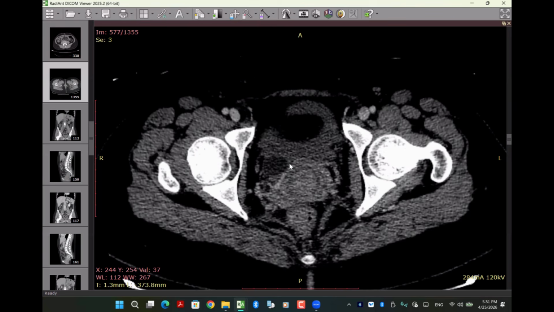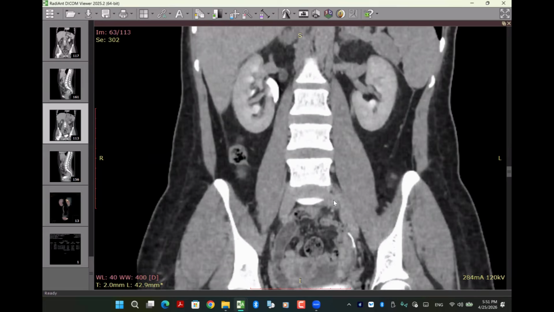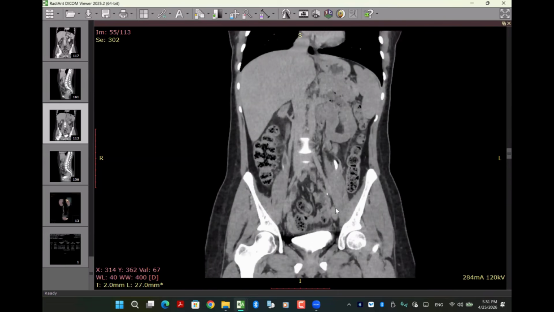Continue, don't hesitate. I want to see the delayed images of the study if available. Here is a delayed image. You can scroll. Yeah, on the delayed images.